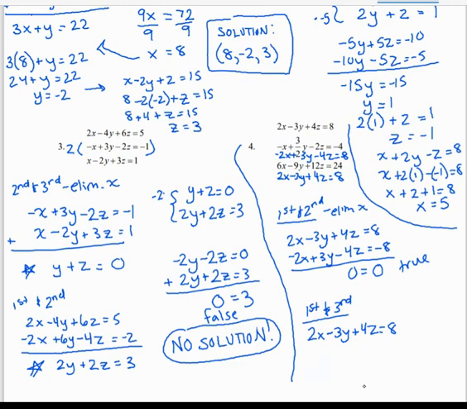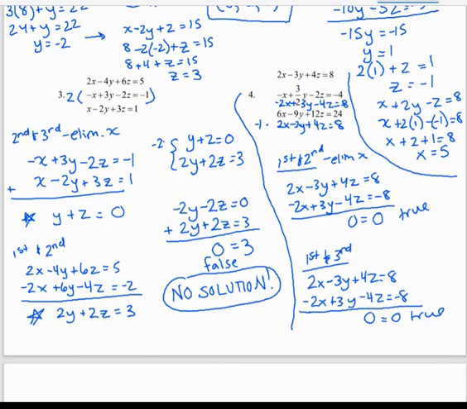I want a pair of opposites, so I'm going to multiply that by a negative. When I put those together, woohoo, we have good luck here. Everything is going to cancel again. So, because everything all canceled, comparing my first with the second and first and the third, that also means the second and third will have an infinite amount of solutions. So therefore, my solution is infinitely many.